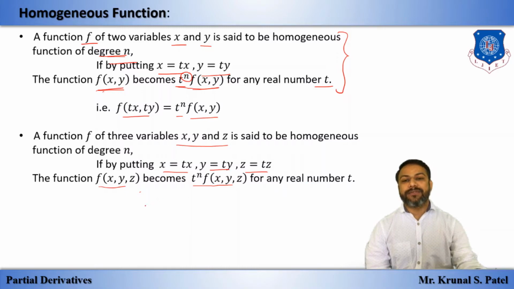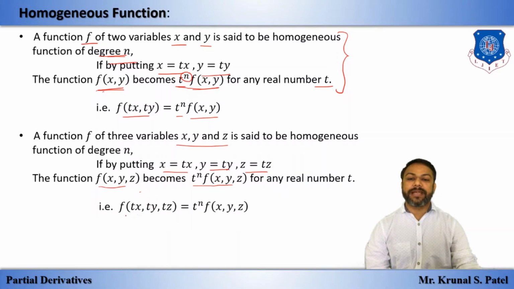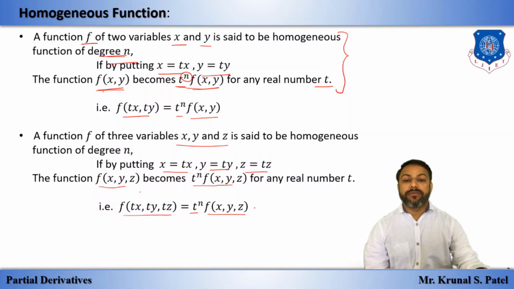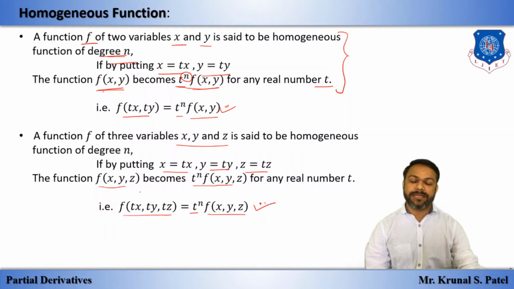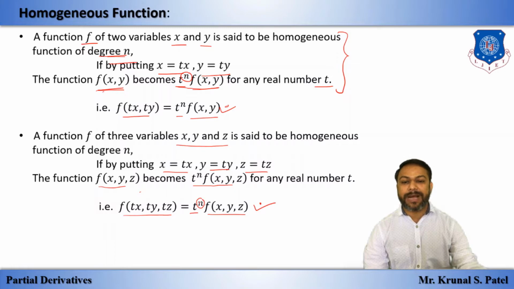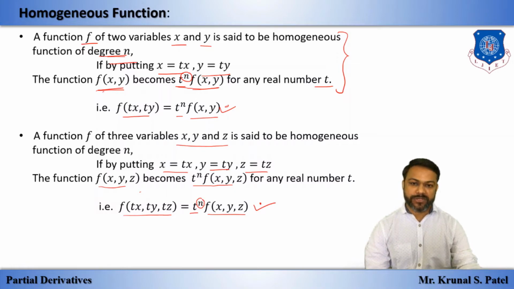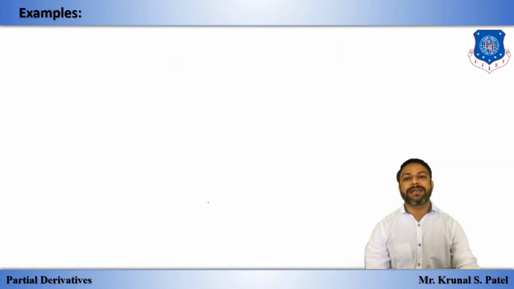That is f of tx, ty, tz is equal to t raised to n into f of x comma y comma z. For the given function, if we get this for two variables, or this for three variables, then we can say that the given function is a homogeneous function and the degree of the function is the power of t. Whatever the power of t is, that is the degree of the function. So now to understand better, let's have a look at an example.